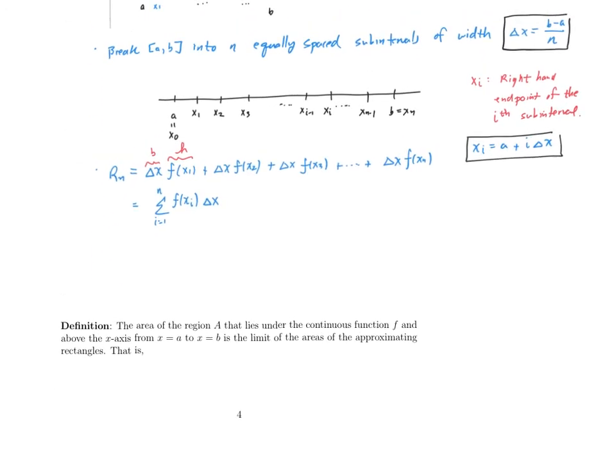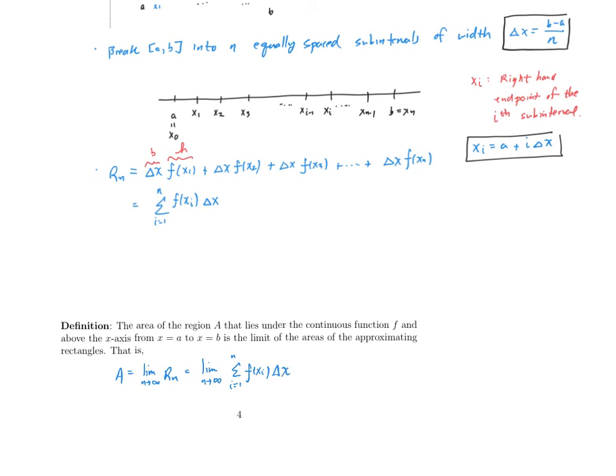In general, the area of the region that lies underneath a continuous function, that is an important assumption, and above the x-axis from x equals a to x equals b is given by the following formula. That area is equal to the limit as n approaches infinity of R sub n, which from above is the limit as n approaches infinity of the sum from i equals 1 to n of f of x sub i delta x.